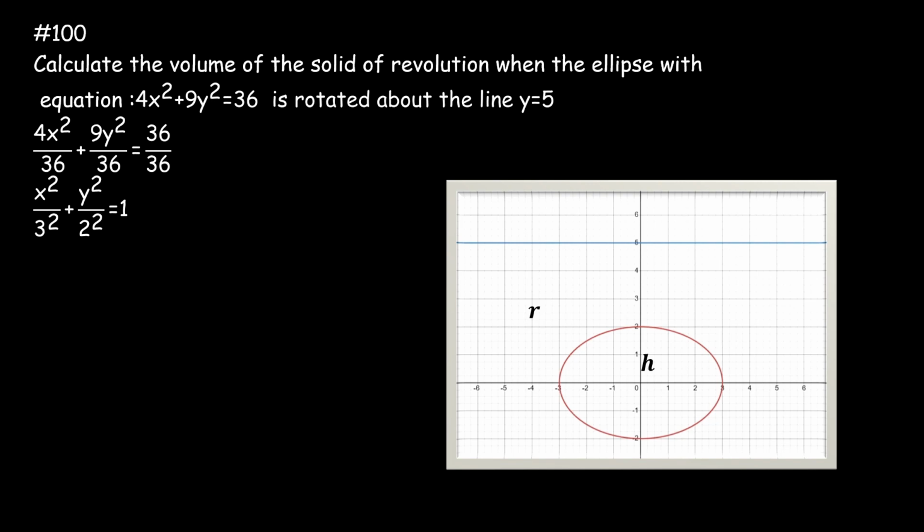We can visualize this over here using even Desmos. So we have the line y equal to 5 at the top, and we have the ellipse at the bottom. Now for ellipses, the volume of the solid of revolution formed is 2 pi integral from a to b of r h dr. If you look keenly, it's going to be like 2 pi r h, which is actually the volume of a cylinder, isn't it? So how so?